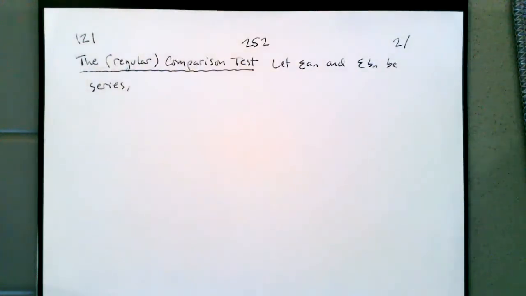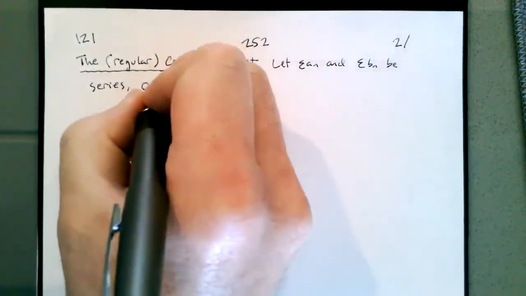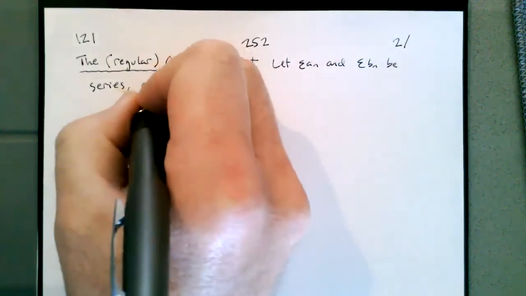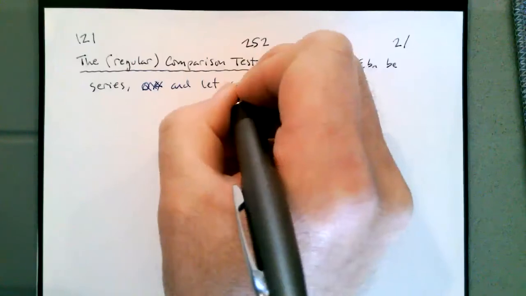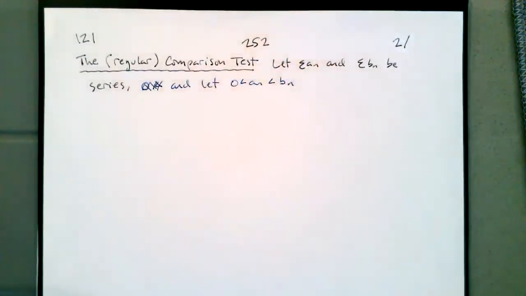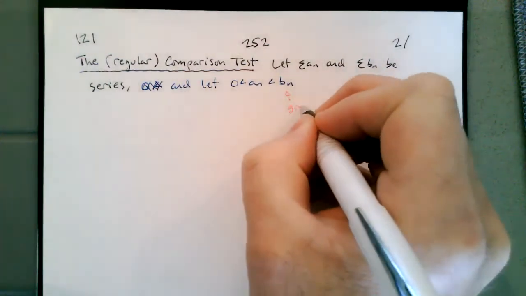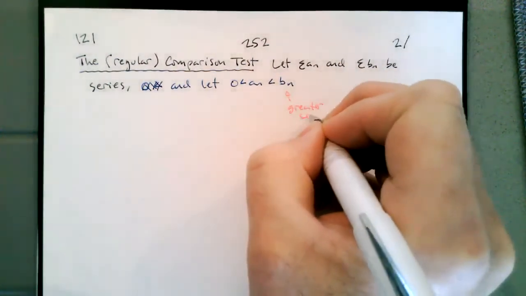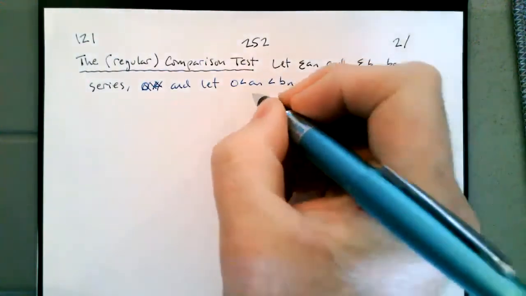And then in addition to this, one of them has to be the bigger series, so we can squeeze one between 0 and the other series. So here we have a bigger series, and we have the lesser series.